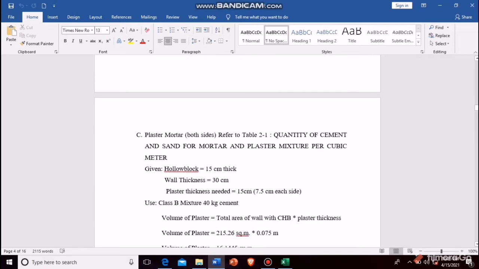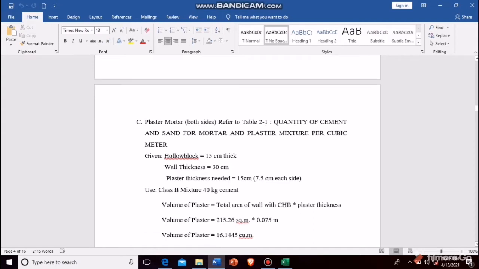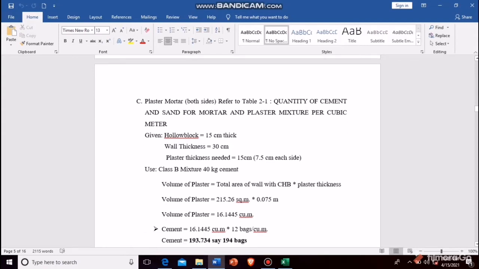Then for letter C, plaster mortar. Refer to table 2-1, quantity of cement and sand for mortar and plaster mixture per cubic meter. Given hollow block design is 15 centimeter thick and wall thickness is 30 centimeter. Plaster thickness is 15 centimeter, and 7.5 cm each side.